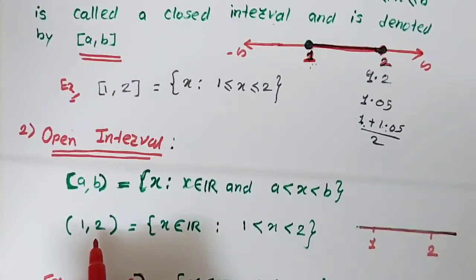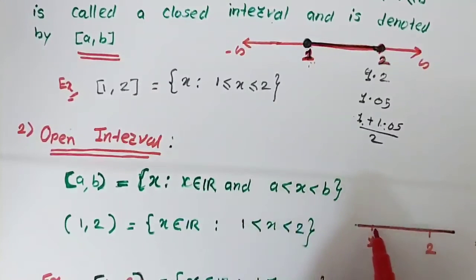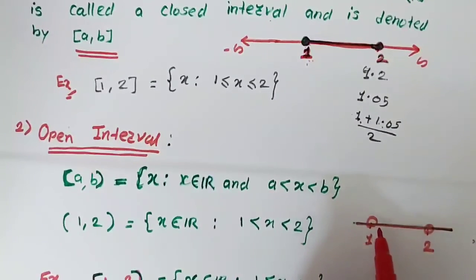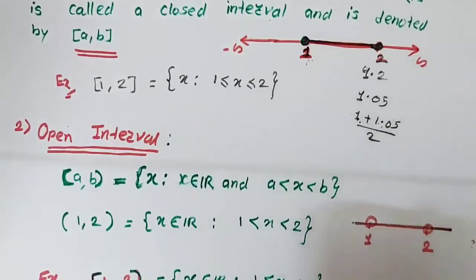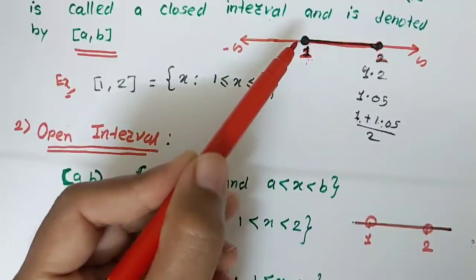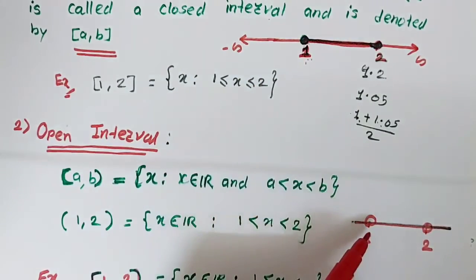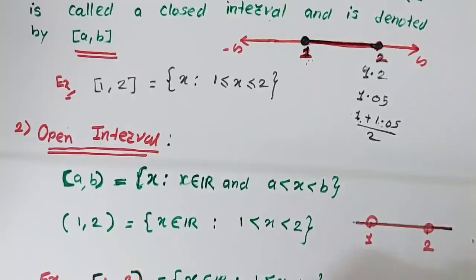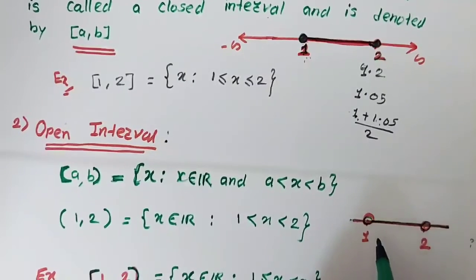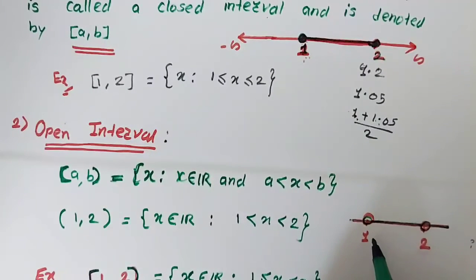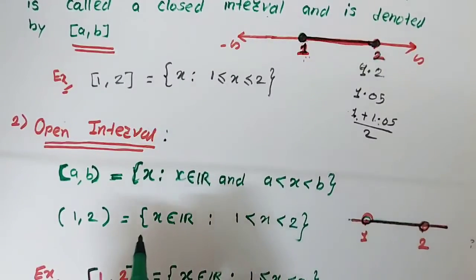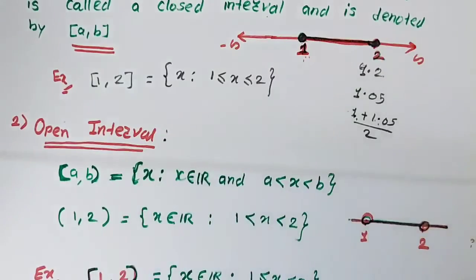Open interval means we are not including 1 and 2; the end points are not included. For not included, we just have to draw the points denoted by a circle, and this circle will be an open circle; we will not darken it. A closed circle means the point is included. Here we keep it open, that means these points are not included. So we denote the open circle up to the open circle at 2. That means all the points from 1 to 2 except 1 and 2. All the points lying within are belonging to this set, the open interval 1, 2.